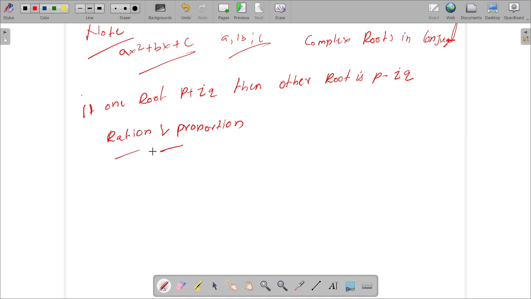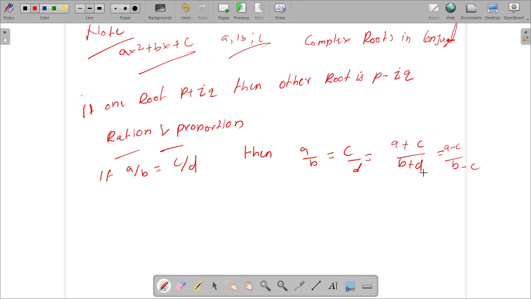So if a by b equals c by d, then a by b and c by d can be written as a plus c by b plus d, that equals a minus c by b minus d, or it can be written as root over ac by root over bd.